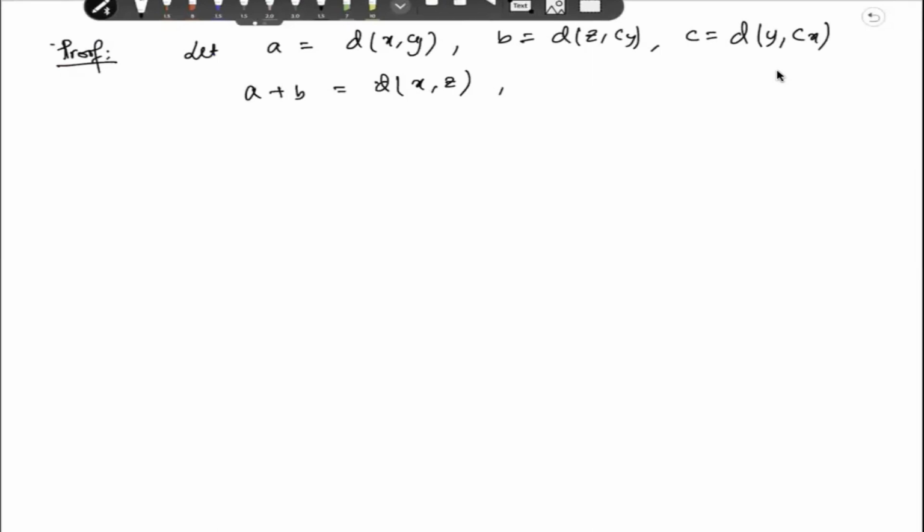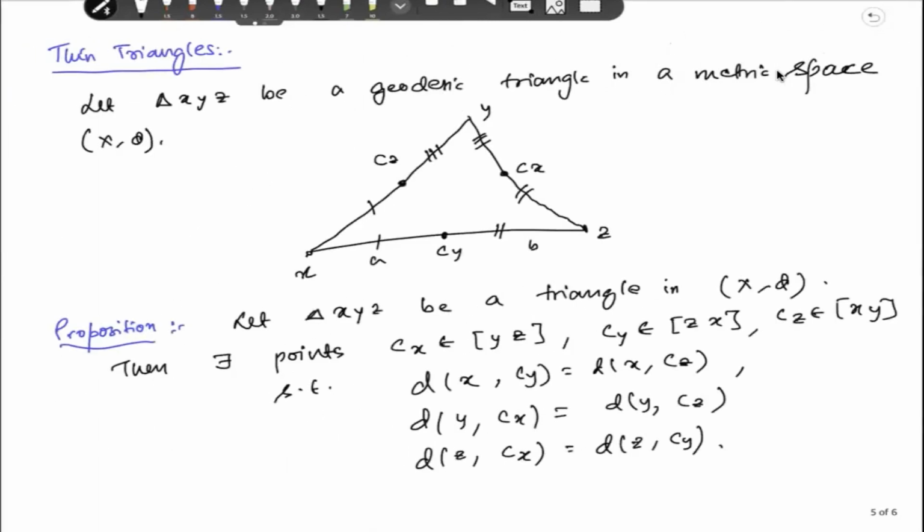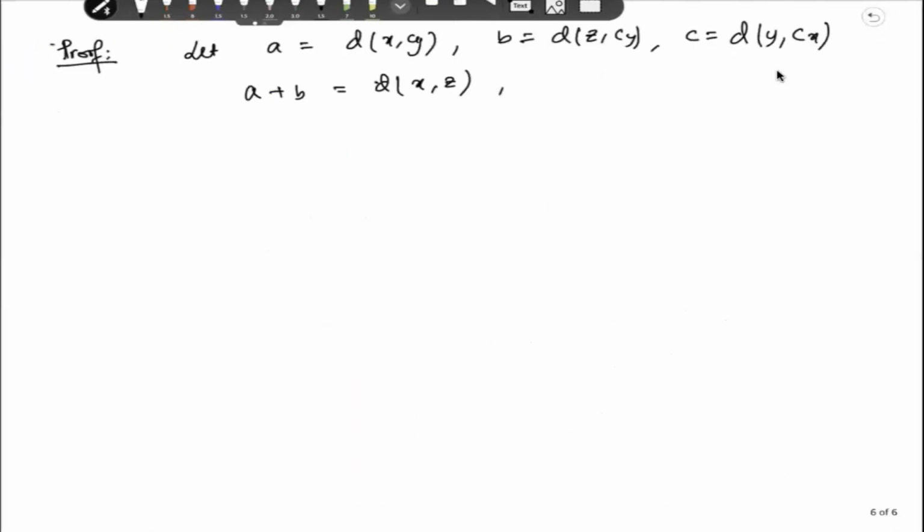So this is one equation. And B plus C will be equal to the distance between z and y.